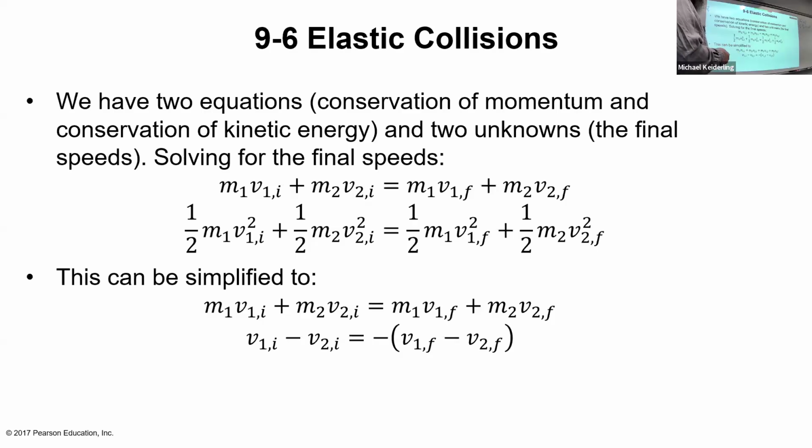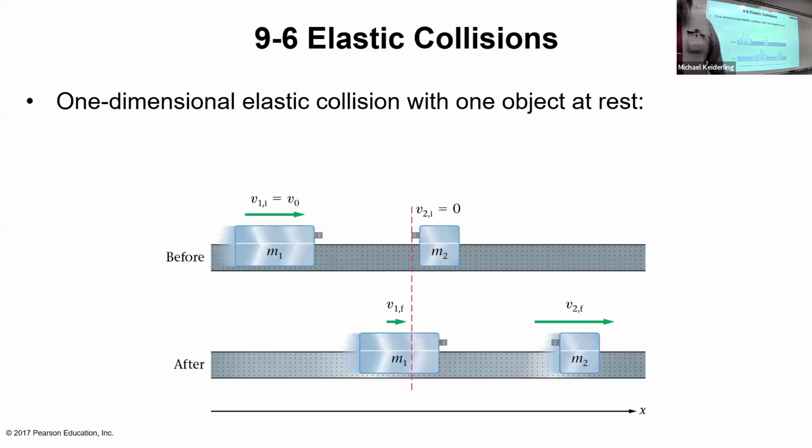And then here we have conservation of kinetic energy: 1/2 mass 1 times velocity 1 initial squared, plus 1/2 mass 2 times velocity 2 initial squared equals 1/2 mass 1 times velocity 1 final squared plus 1/2 mass 2 times velocity 2 final squared. This can be simplified down to conservation of momentum, and then V1 initial minus V2 initial will equal minus V1 final minus V2 final. I'm not going to go through the math to simplify to that.